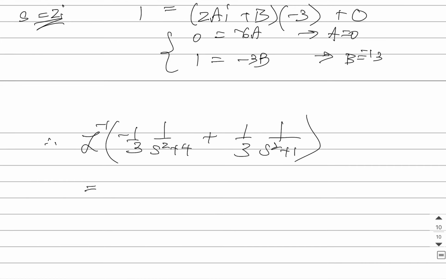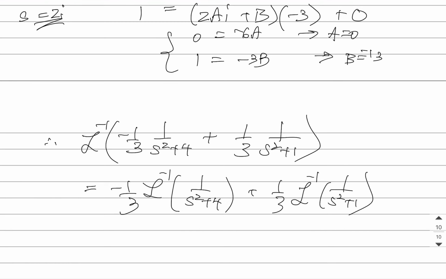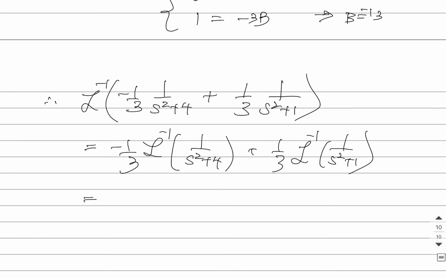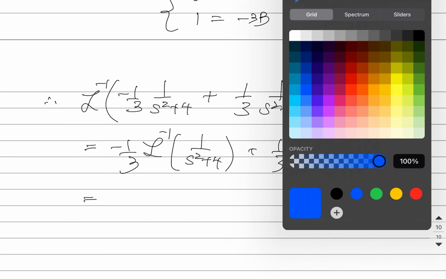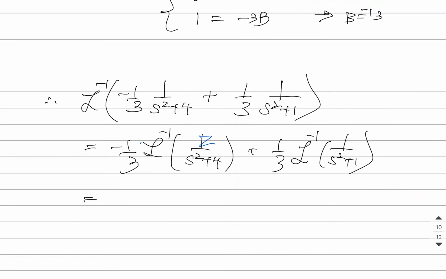Linearity kicks in. You have the inverse transform of 1 over s squared plus 4, and 1/3 the inverse of 1 over s squared plus 1. You need to put in a 2 upstairs so that you can get the proper expression down there.